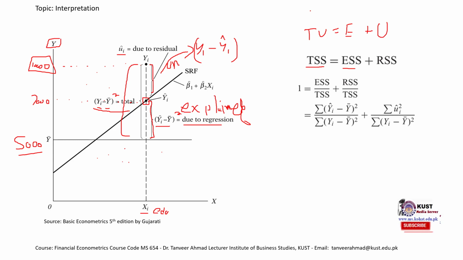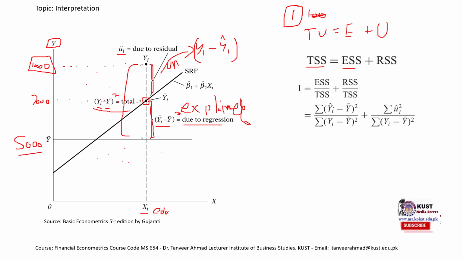And if total sum of squares is 100% or 1, now we are converting it into ratio form, then the ratio would be explained sum of squares divided by total sum of squares plus the residual sum of squares divided by total sum of squares. Both should be equal to 1. That would be total variation.